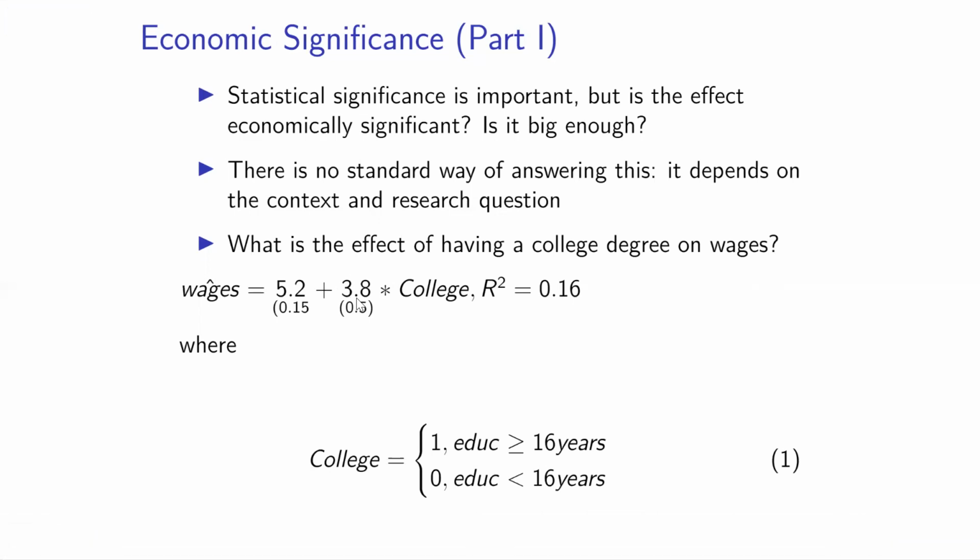In the 70s, the average hourly wage was only $5 or $6 per hour, and therefore earning $3.8 extra is a very significant increase in the hourly wage. In this case, the economic implication of earning $3.8 is definitely significant.